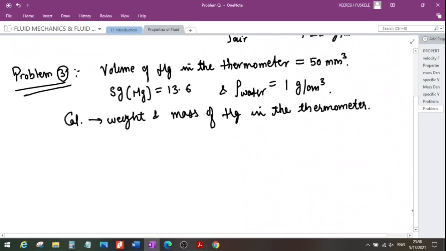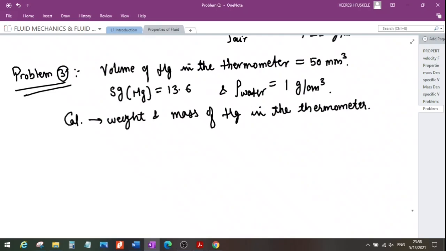So we are asked to find out the weight and mass of mercury in the thermometer, and we are given the specific gravity of mercury as 13.6 and the density of water as 1 gram per centimeter cube, and also the volume of mercury in the thermometer reservoir as 50 millimeter cube.